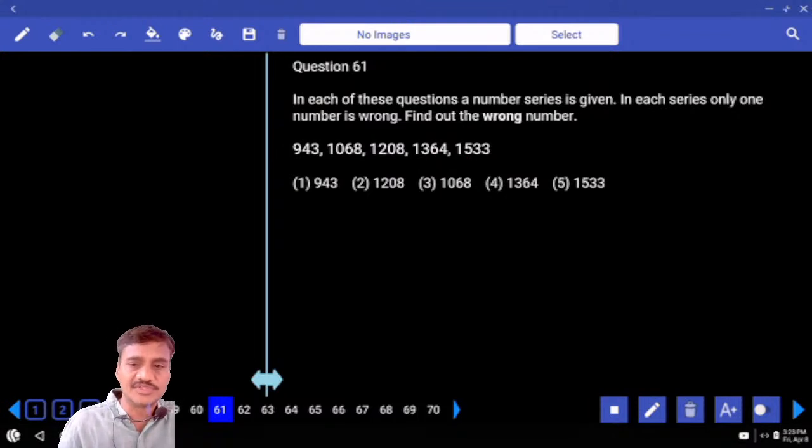Difference is 943 and 1068. What is the difference here? 125 is the difference between these two. And 68 and this one. And those difference 140. Next one 1208 and 1364. Difference and those 156.